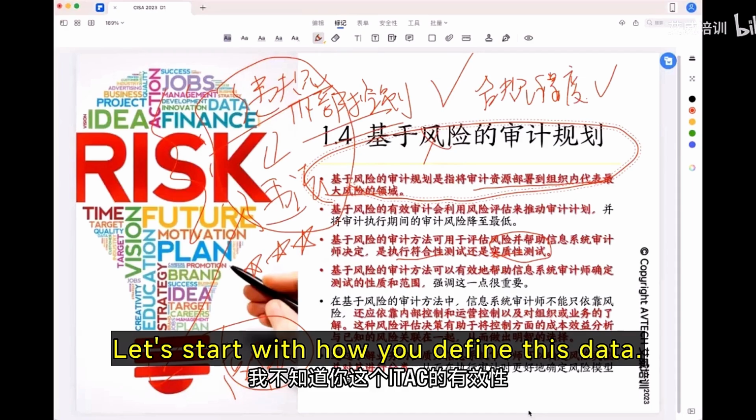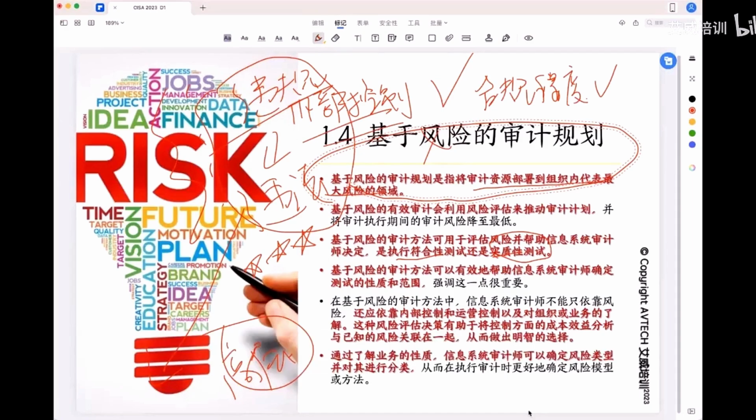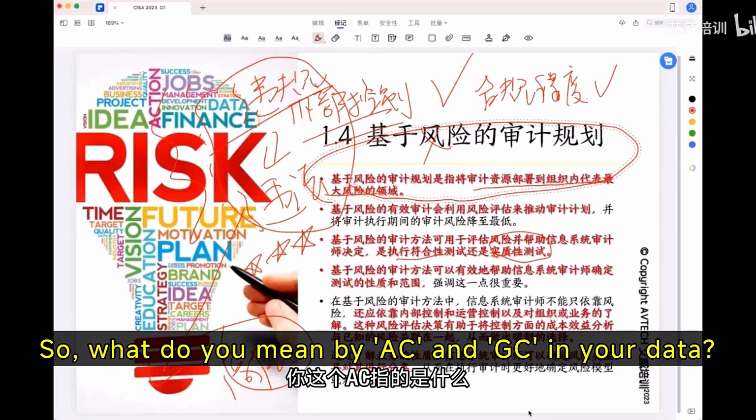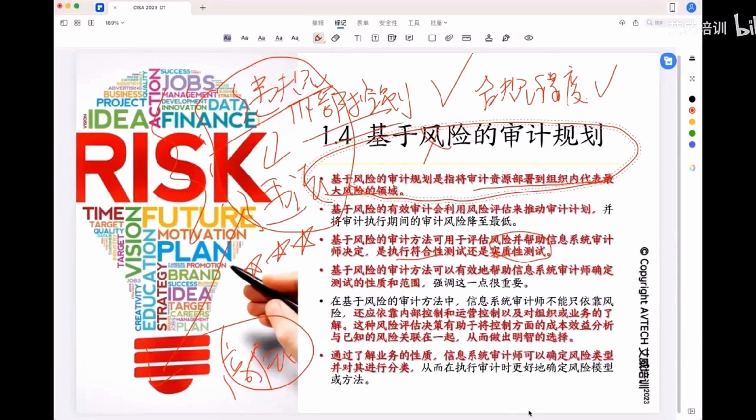Let's start with how you define this data. So what do you mean by XC and the GC in your data?